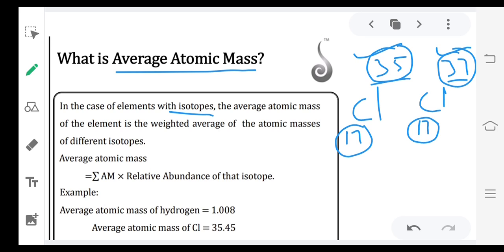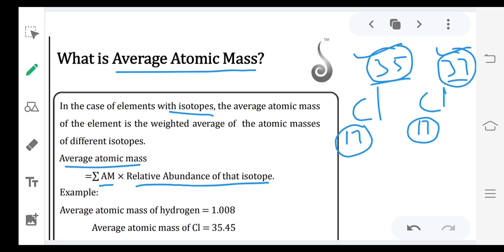So what is average atomic mass? Average atomic mass means the summation of atomic mass of each isotope into relative abundance of the isotope.